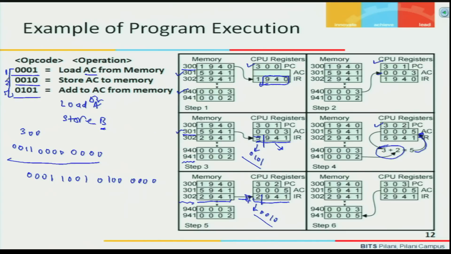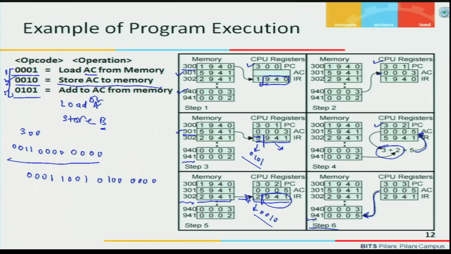So 0010 means, as you can see here, store AC: store the contents of AC into memory. And which memory? Memory location 941. So memory location 941 is loaded with the current contents of the AC. The current contents of AC are the addition of 2 plus 3. So 5 is loaded, and this stops the program here.